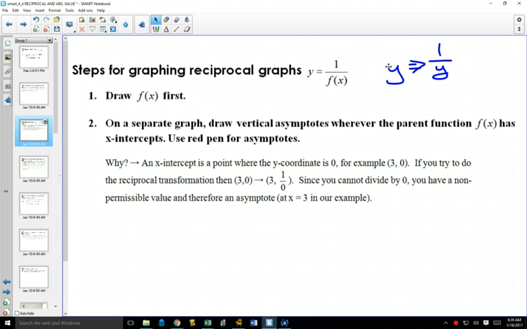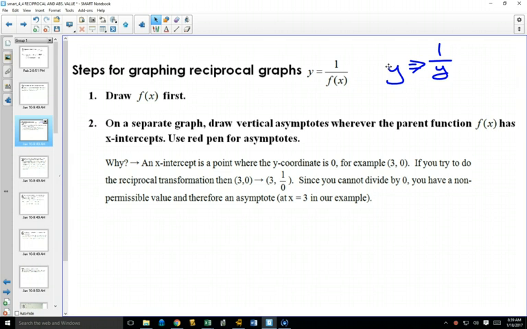And in these notes that I've given you, whatever is the bold part in these steps, that's the important thing. And whatever is unbolded is sort of an explanation for that. So here you see in the explanation that I say, well, if I have an x-intercept like (3, 0), and I change that y value to 1 over y, that point changes to (3, 1/0), and that's not possible.